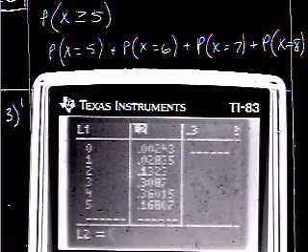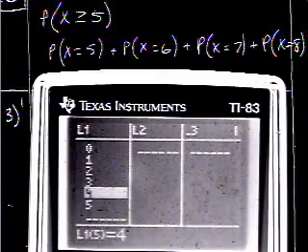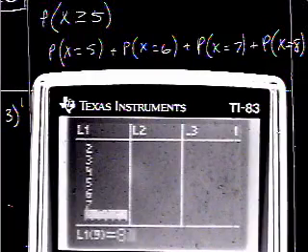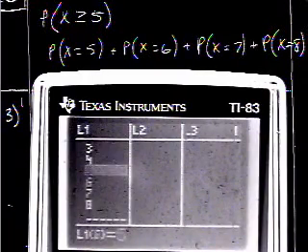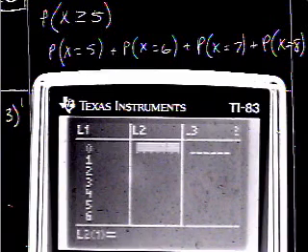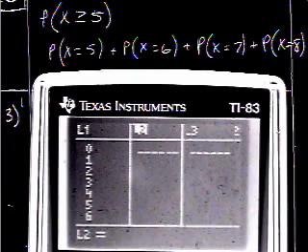Get into your lists and make sure you get them all cleared out. We want 0 all the way down to 6, 7, and 8. So in list 1, you want to have 0 through 8. In list 2, we're going to use that binomial probability theorem. All right?